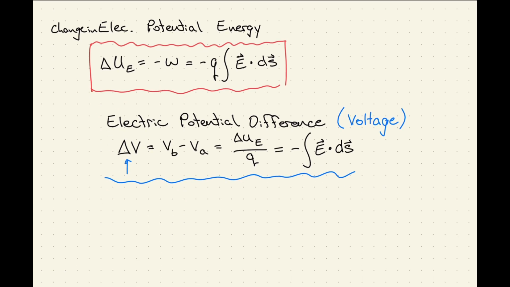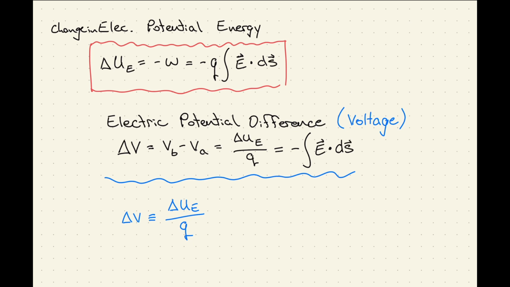And I just want to remind you, you see what we've done over here? We've taken something and divided out a Q, and we get introduced to this new thing. Basically, the equation we have is this. Delta V is defined as delta U E, which is the electric potential energy, divided by some charge Q.